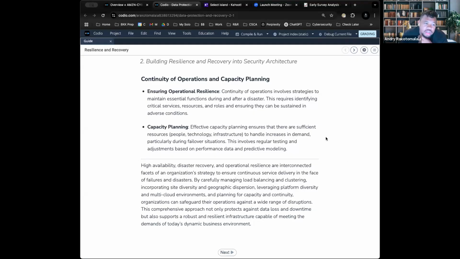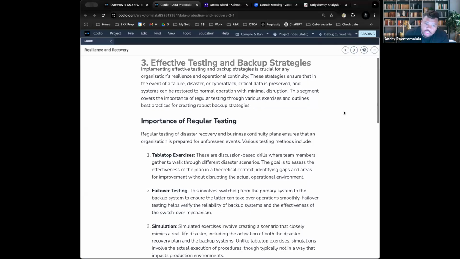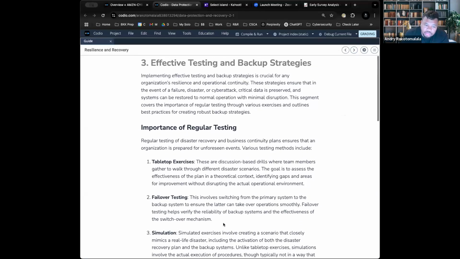Let us move forward then. So now let's talk about effective testing. When we're talking about effective testing, this is specific to backups. When it comes to backups, it's really important that we do things called failover testing. Now, failover testing, I'm jumping the gun a little bit here.